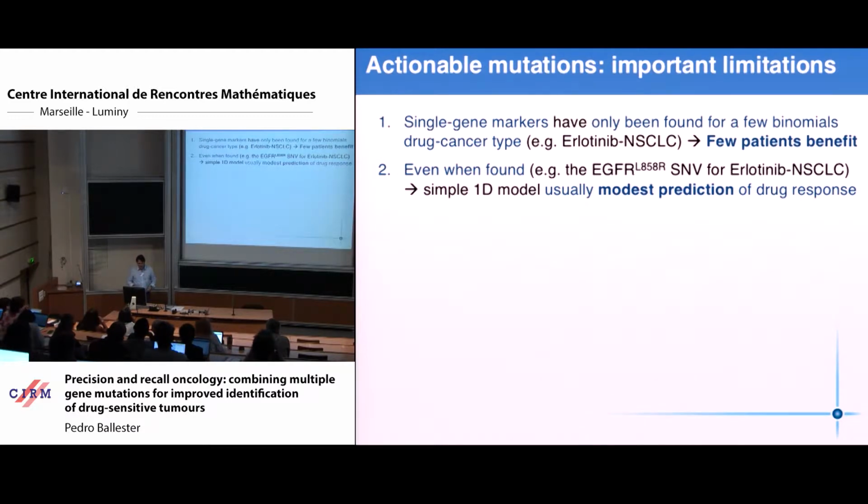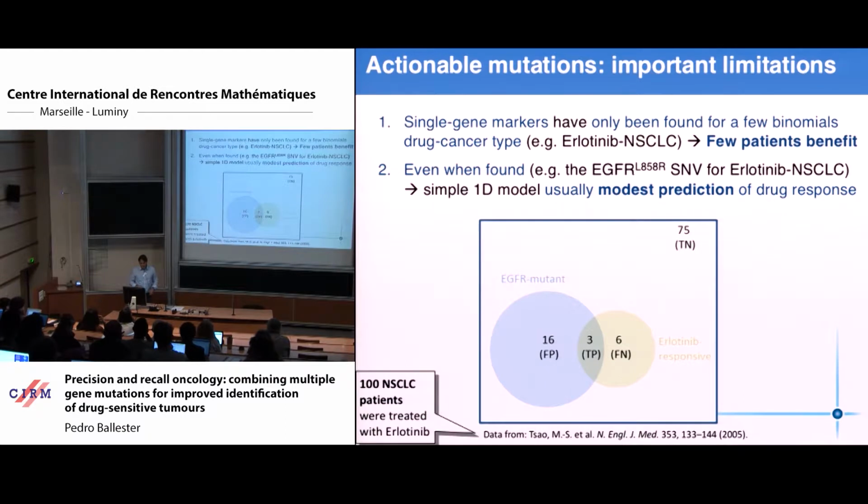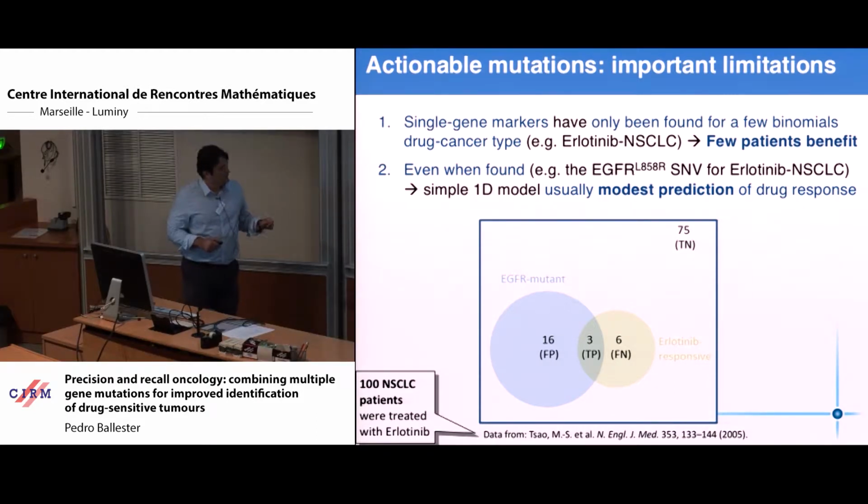And even when one is found, simple one-dimensional models tend to provide a modest prediction of drug response. Just to give an example, in this study they presented data for 100 non-small cell lung cancer patients treated with erlotinib.